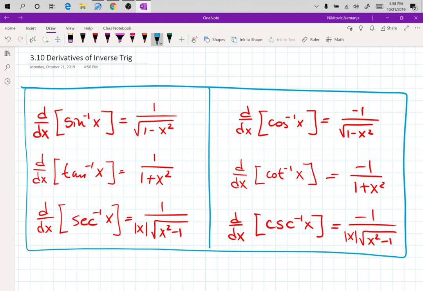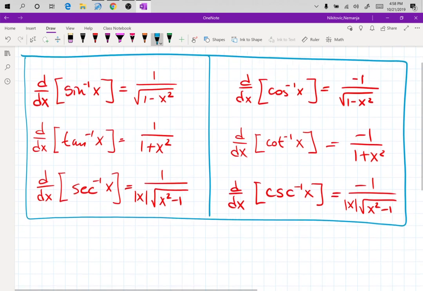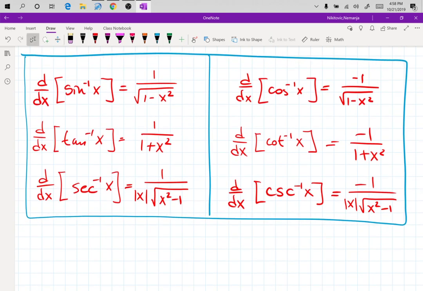Later on, it will give us the u substitution for integration. So we want to focus on the formulas that have not sine inverse of x, but sine inverse of f of x. And in which way would that impact the answer on the other side?